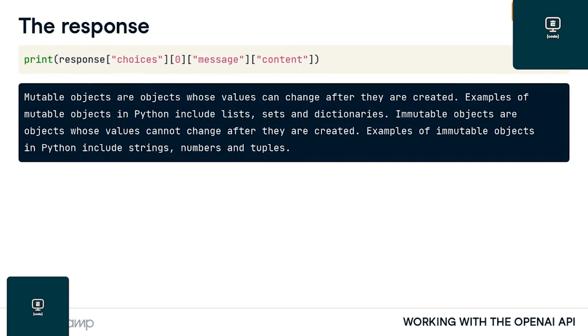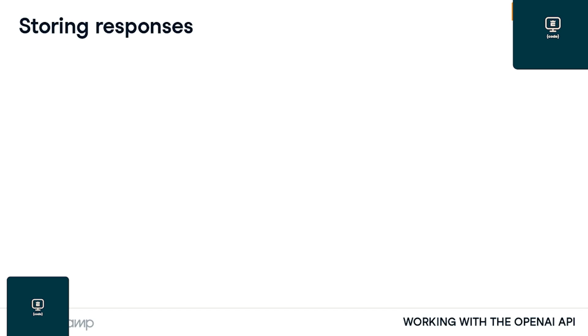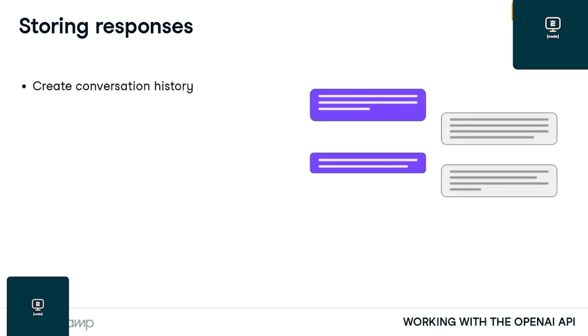Another common use case for providing assistant messages is to store responses. Storing responses means that we can create a conversation history, which we can feed into the model to have back and forth conversations. This is exactly what goes on underneath AI chatbots like ChatGPT.